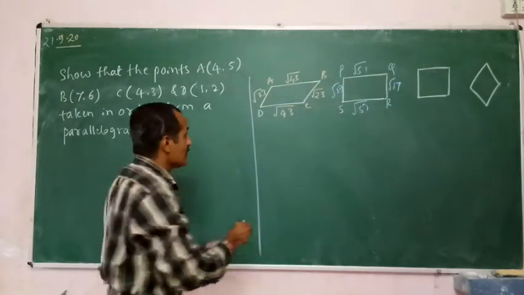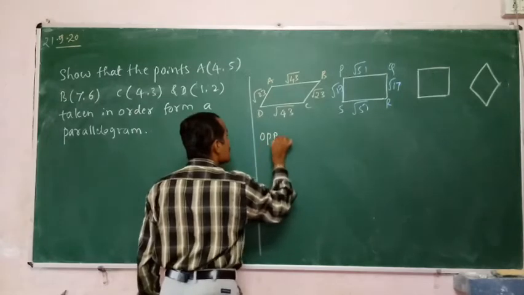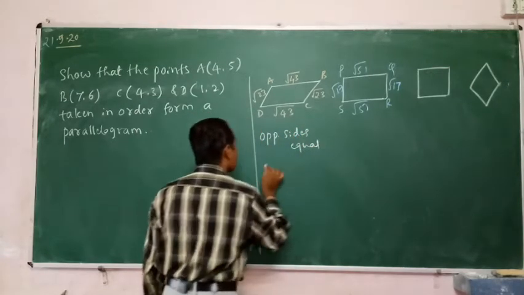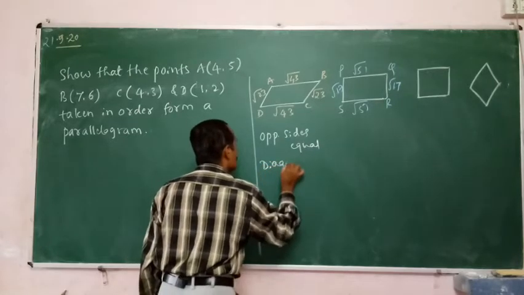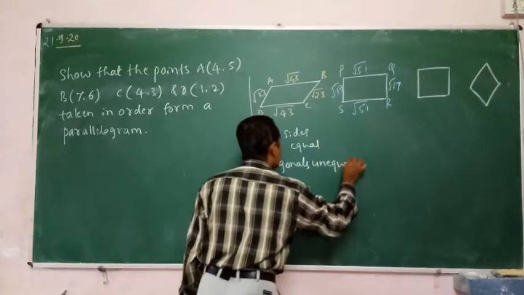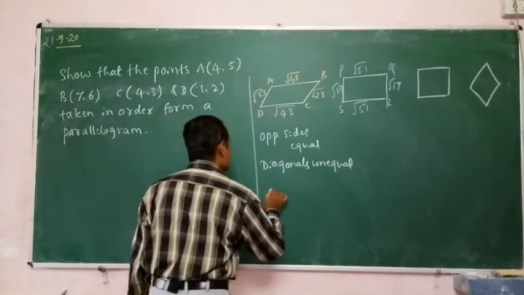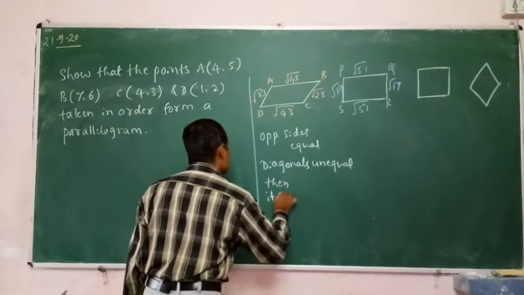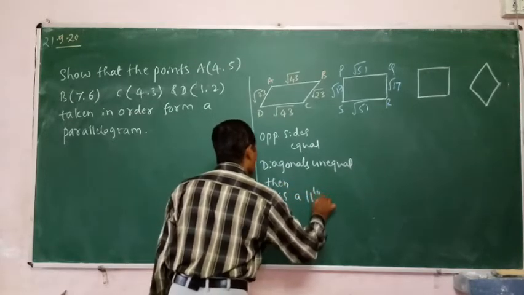So I will write here, opposite sides equal, diagonals unequal. That is, then it is a parallelogram.